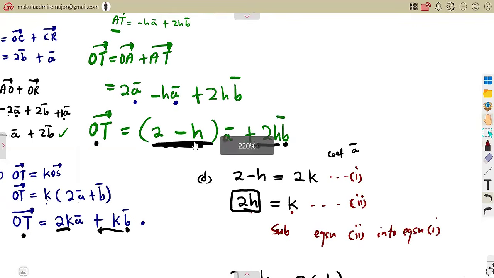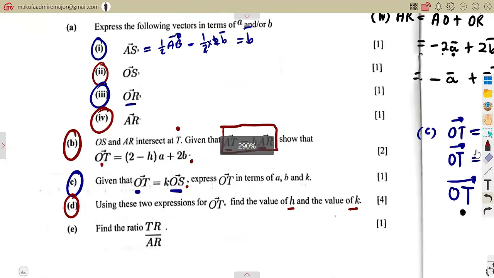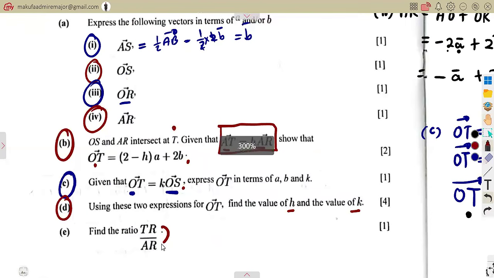Then from these two constants, they are now asking us to find the ratio of TR over AR. I said before, in order for you to have this ratio, find where they explained something about these ratios before.